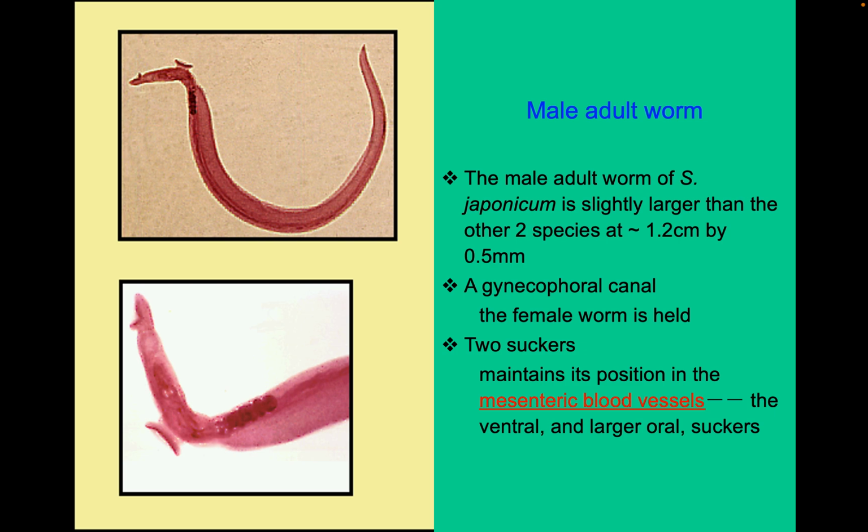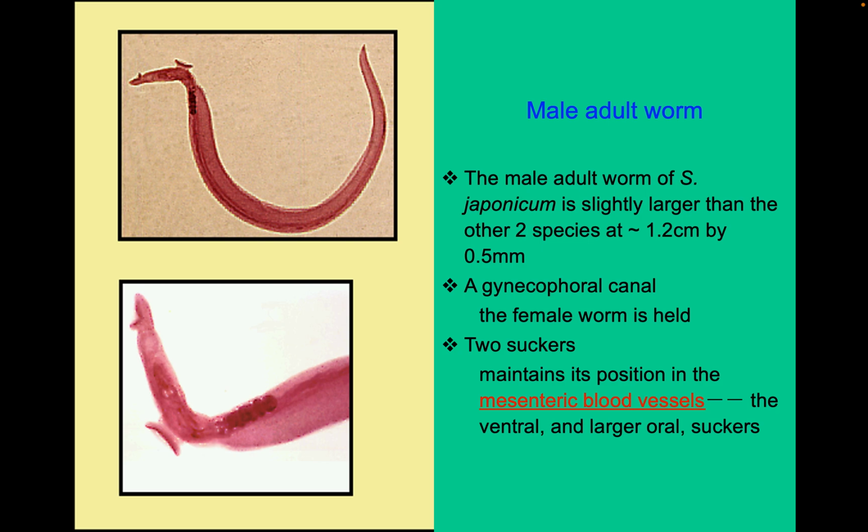This picture is showing the male adult worm, and it's slightly larger, and you can see how long it is. In the middle there's a gynecophoric kernel. The female lives inside, and each individual has 2 suckers, and both of these suckers help them maintain where they prefer to live.